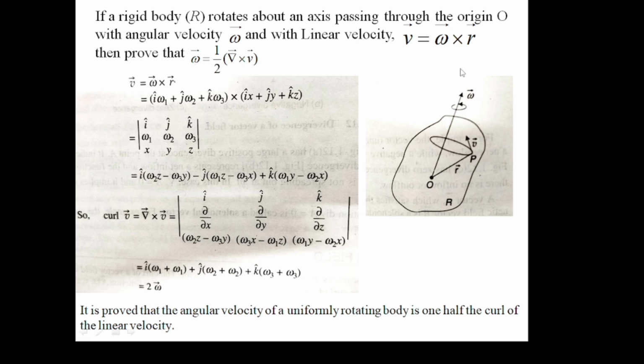For this, we start from the relation V is equal to omega cross R. So i cap, j cap, k cap; the omega components are omega 1, omega 2, omega 3; and the R vector components are x, y, and z.